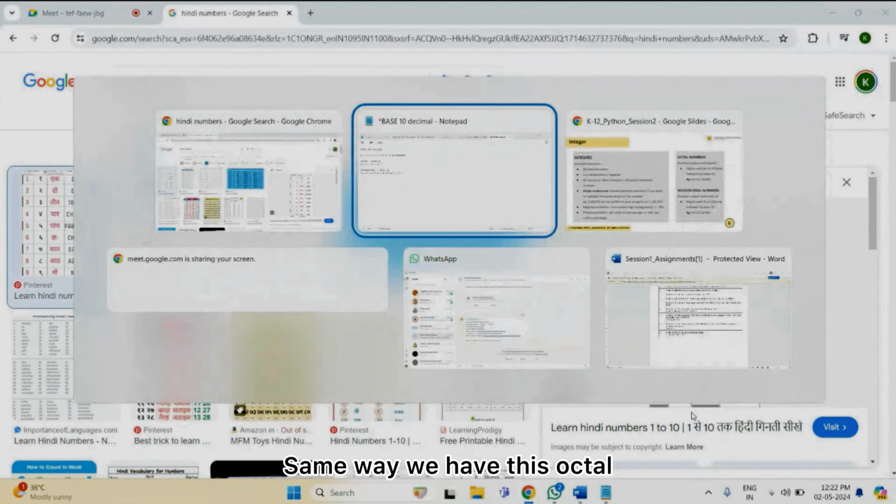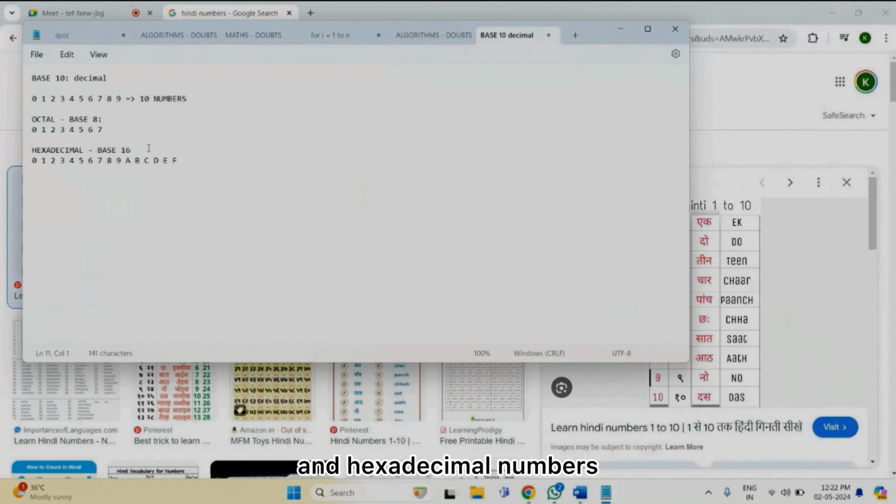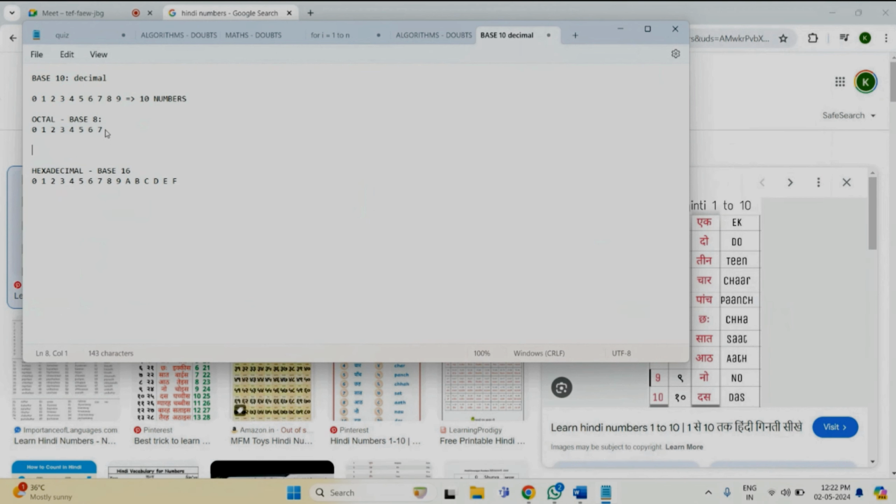Same way, we have octal and hexadecimal numbers. Here, instead of using something foreign, we are using the normal Arabic system, but the number of symbols we use to represent a number is limited. This will have just 8. For example, if I want to represent number 10, I'll show you.